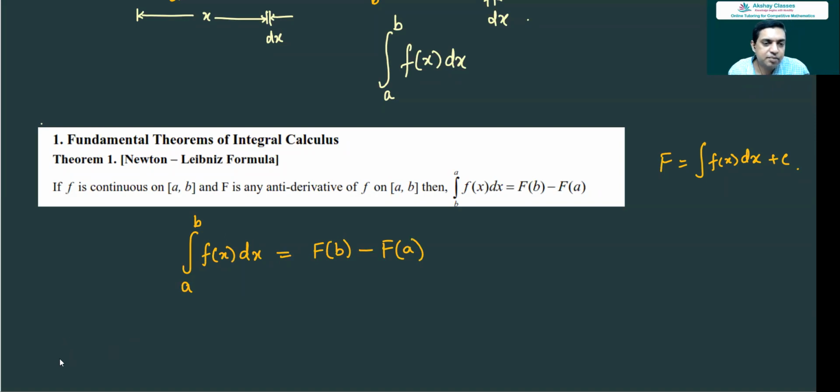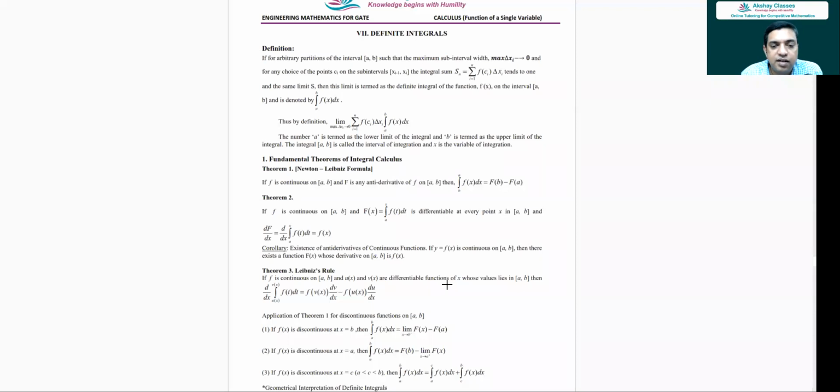This is the Newton-Leibniz formula, and this is the first fundamental theorem of integral calculus. Okay. So this result, which is a theorem derived by Newton and Leibniz, related the antiderivative to the definite integral. All right. So that's how definite integrals are calculated.